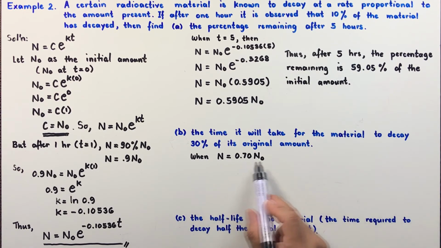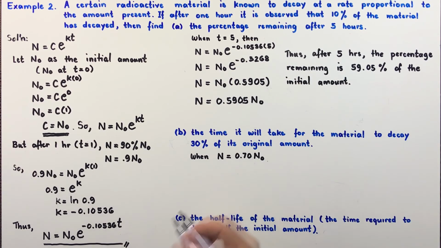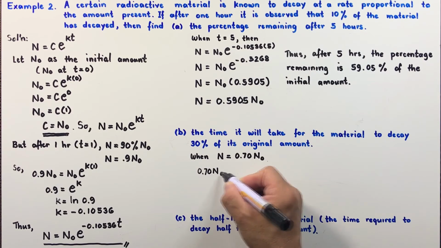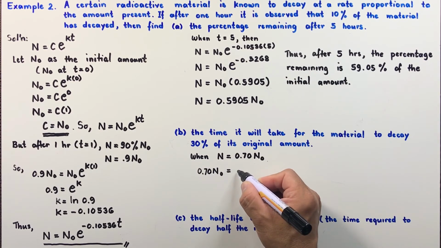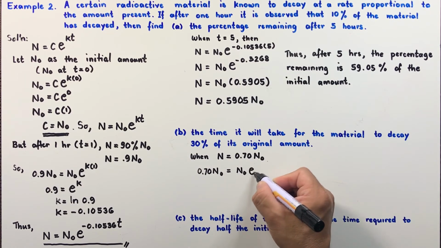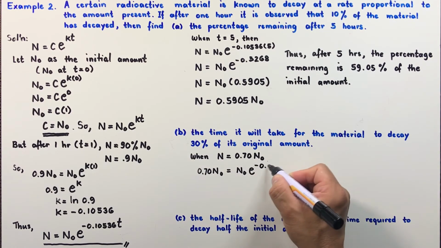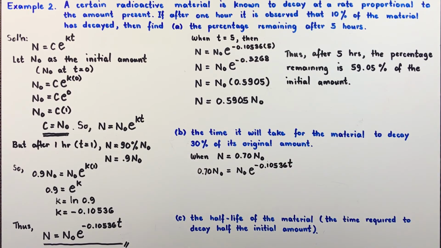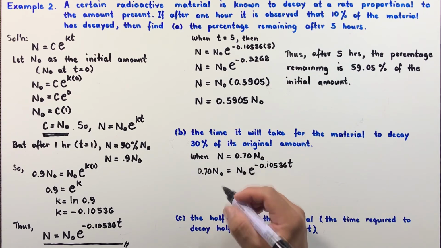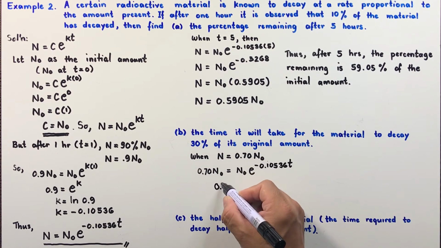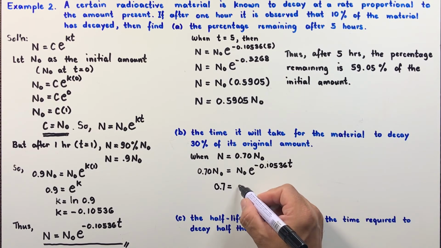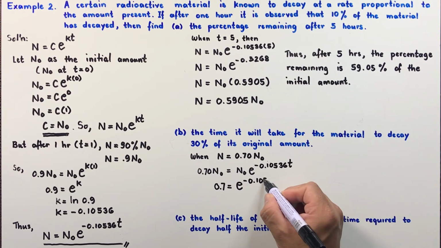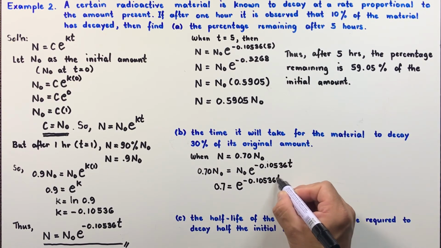And substituting this one to our formula, we have 0.70 N₀ equal to N₀ times e to the power of negative 0.10536t. Dividing both sides by N₀, what will remain at the left is 0.7, equal to e to the power of negative 0.10536t.